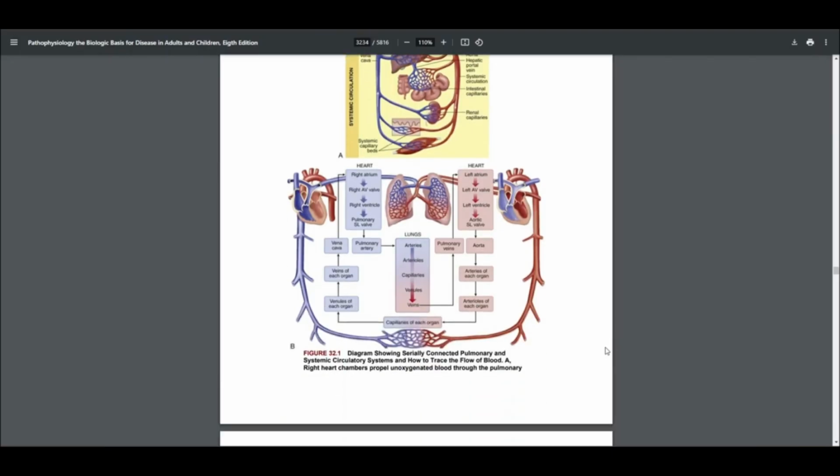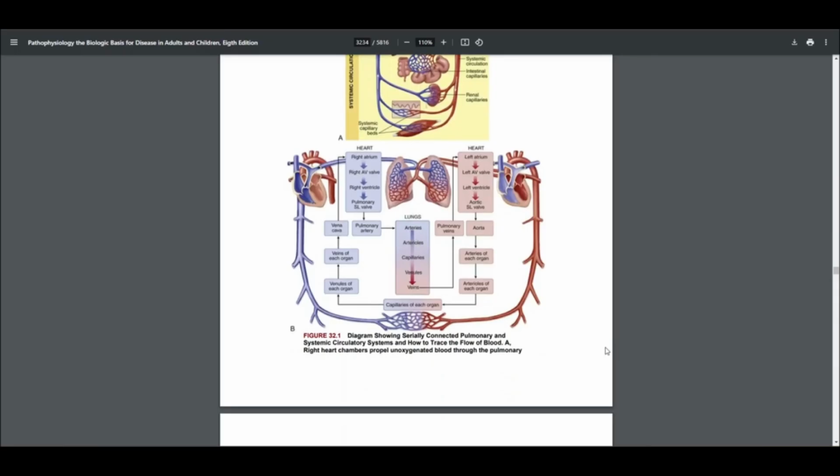So looking at the right side of the heart, we have blood that enters the right atrium. It goes through that happy right AV valve into the right ventricle, where it goes through the pulmonary SL valve and into the pulmonary artery, where it goes into the lungs.